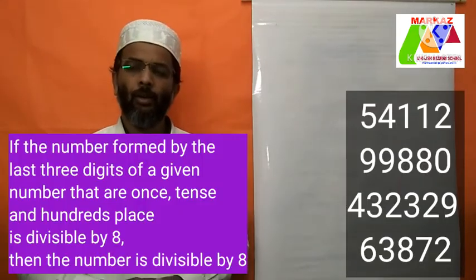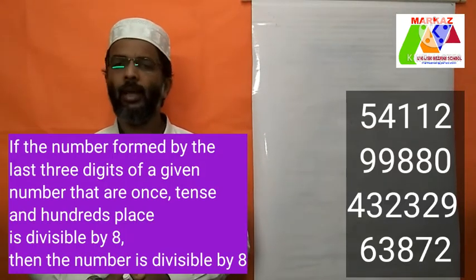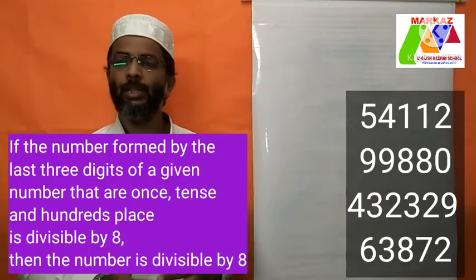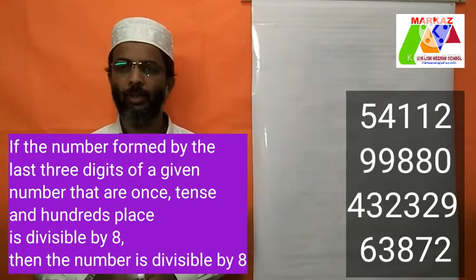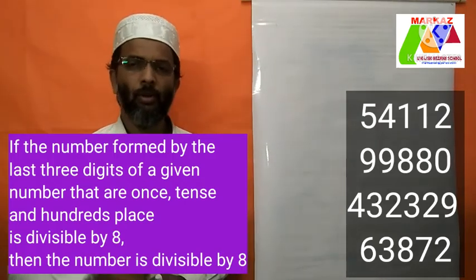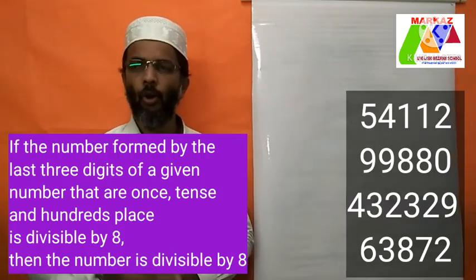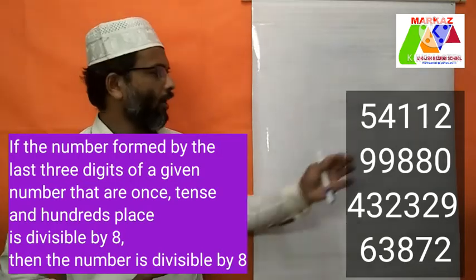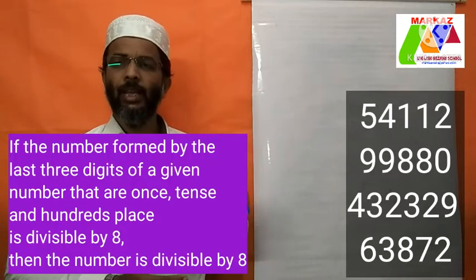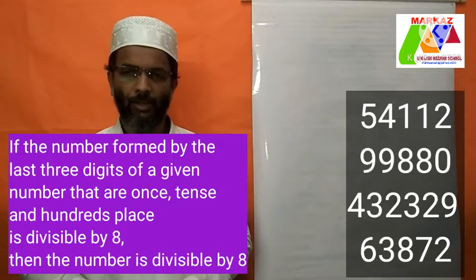If the number formed by the last 3 digits of the given number, that is the ones, tens and hundreds places, is divisible by 8, then the number is divisible by 8.